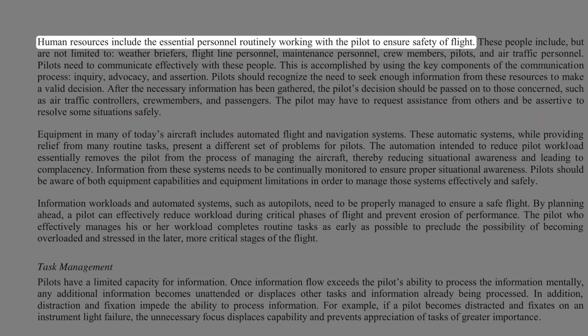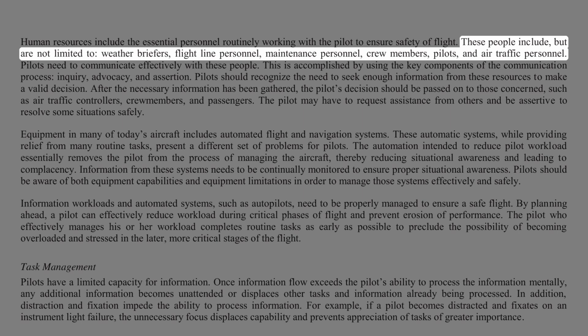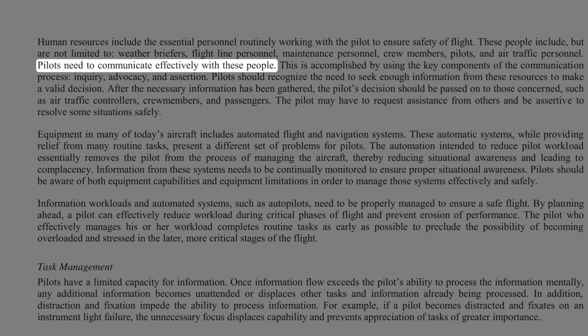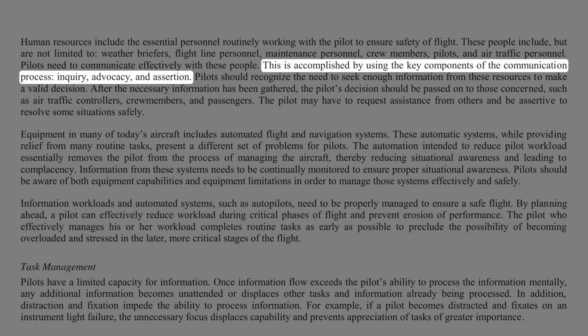Human resources include the essential personnel routinely working with the pilot to ensure safety of flight. These people include, but are not limited to, weather briefers, flight line personnel, maintenance personnel, crew members, pilots, and air traffic personnel. Pilots need to communicate effectively with these people. This is accomplished by using the key components of the communication process: inquiry, advocacy, and assertion.